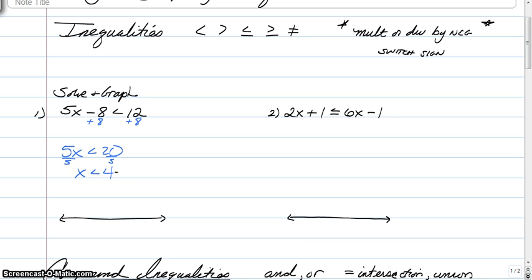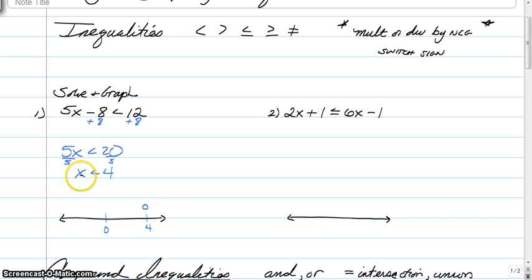So for this class, we're not going to ask you to write a whole bunch of tick marks. Basically, all I want to see is maybe 0, and then you can just skip to 4. Before you put a circle on the 4 and start shading, the way I teach it in this class is, instead of shading on the line, we're going to put an open circle above the 4.